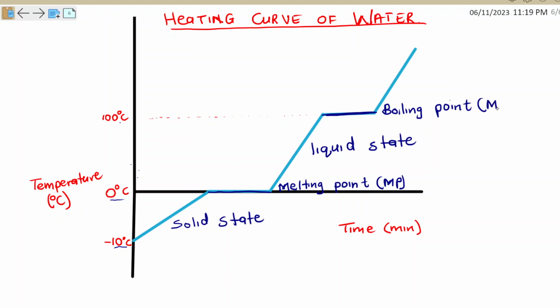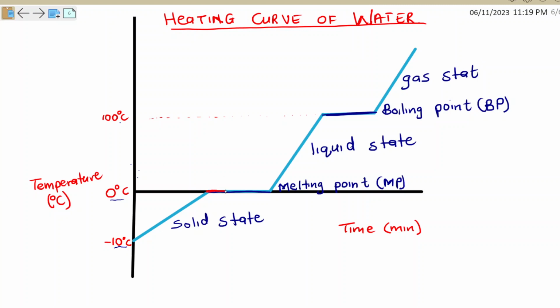I'm going to say this is MB. Oh, sorry, what am I doing? It is BP, boiling point, melting point. So as the temperature increases now, the state of water after 100 Celsius degrees will be a gas state. So we have 2 points on the curve.